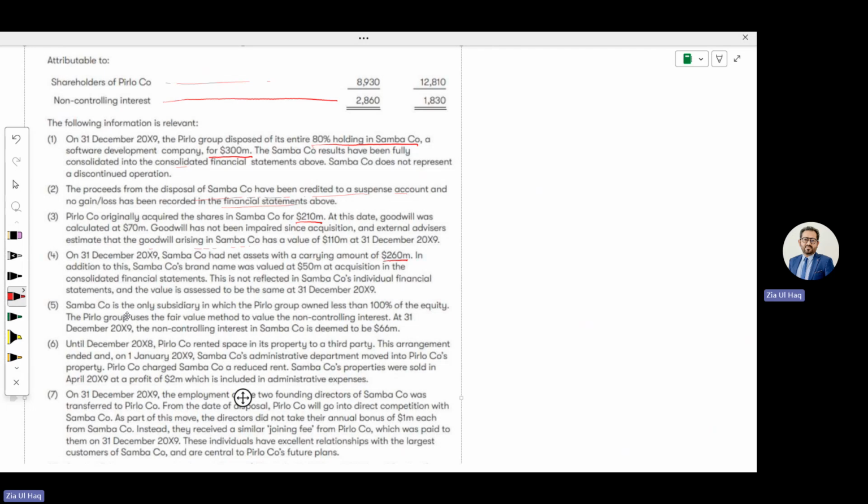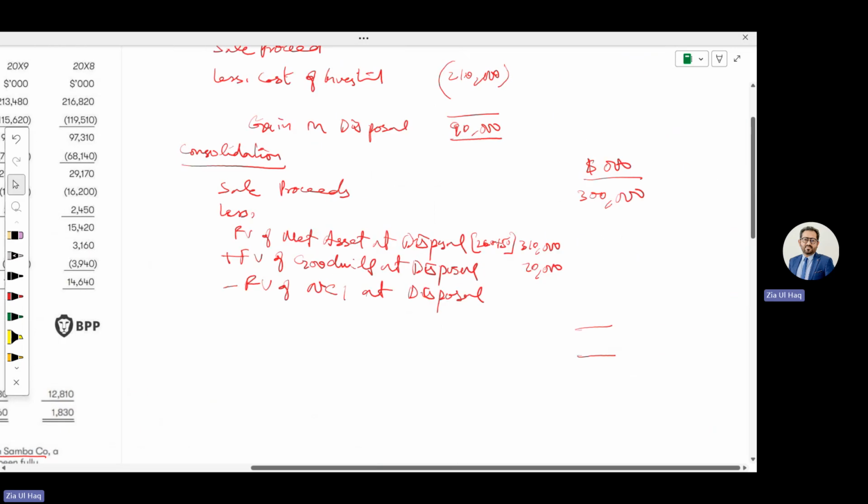Samba company is only subsidiary in which the Pirlo group owned less than 100% of the equity. The Pirlo Group uses the fair value method to value the non-controlling interest at 31st December 2009, meaning at disposal date. The non-controlling interest in Samba company is deemed to be 66 million. So fair value of non-controlling interest at disposal, that is also given 66 million.